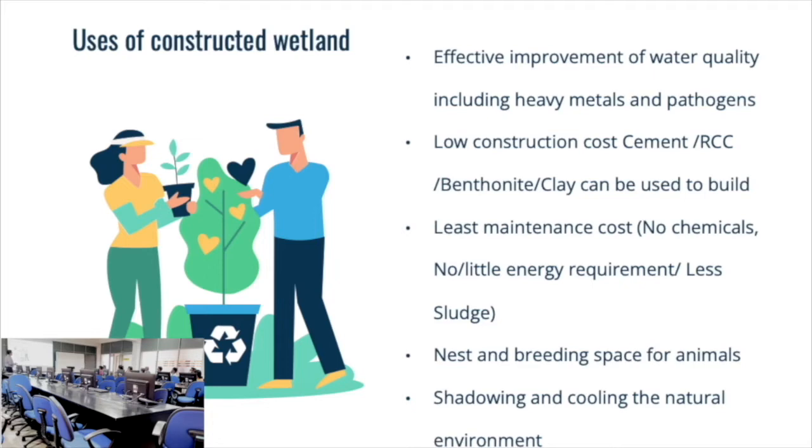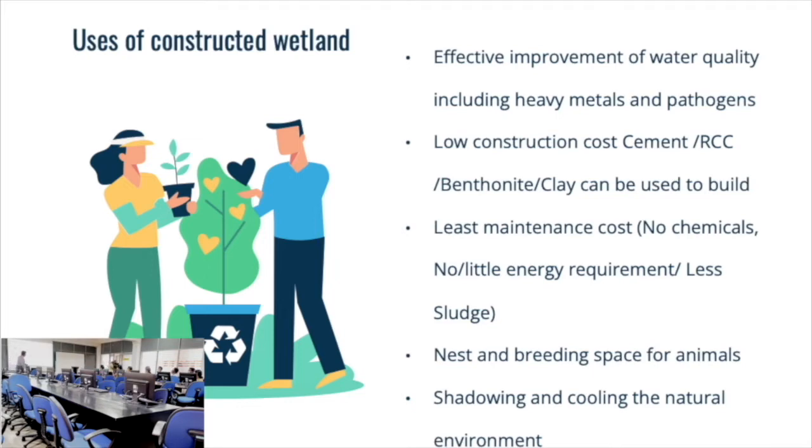It requires very little maintenance, with no chemicals and little or no energy requirement. Energy is only needed for pumping, if we need it, and there is less sludge. It also provides natural habitat to animals, and we can have cooling by using that, and it's a beneficial system for the environment.